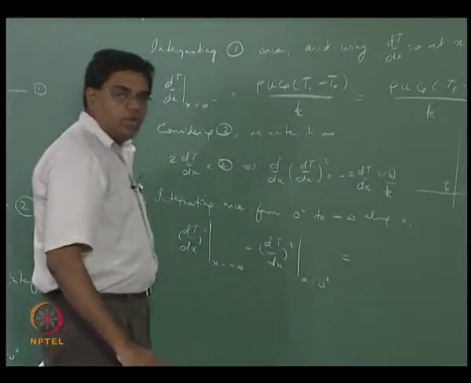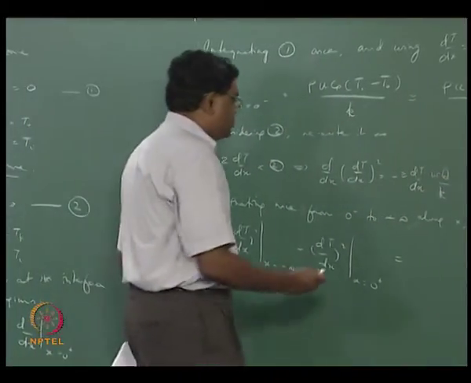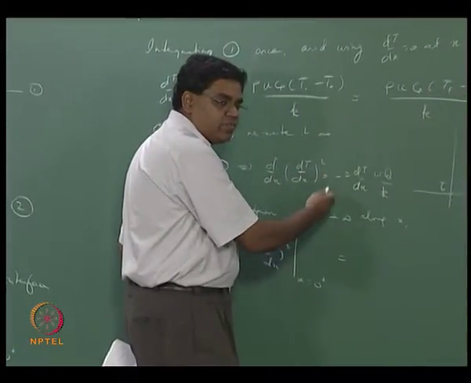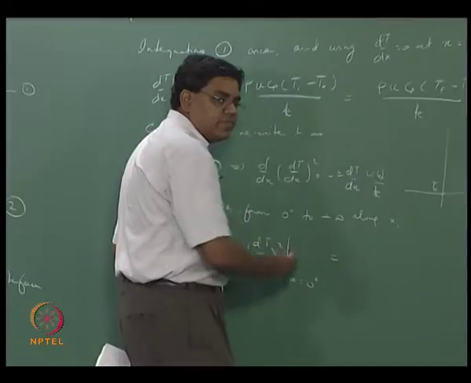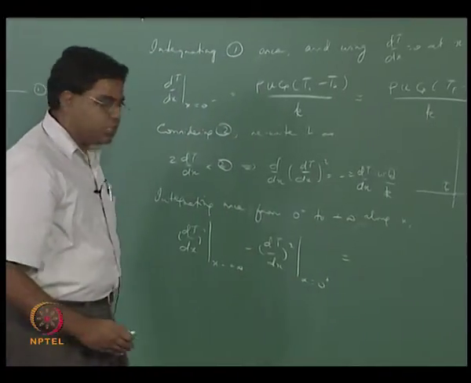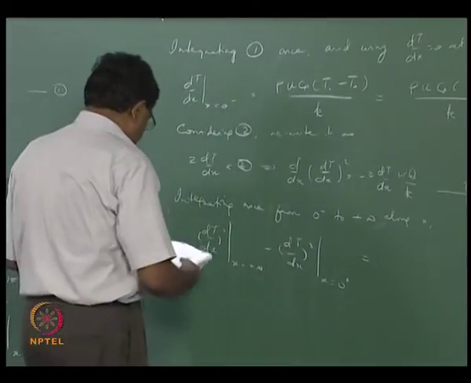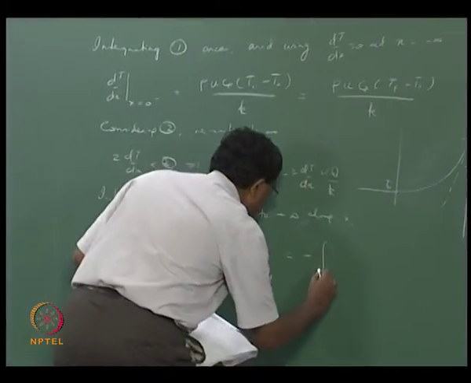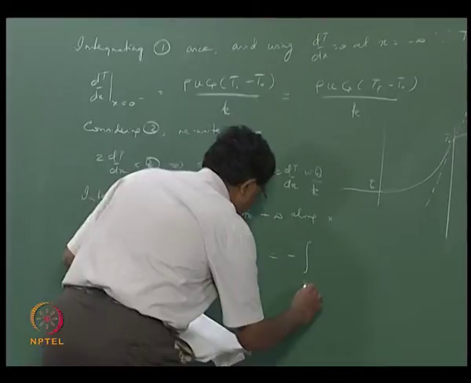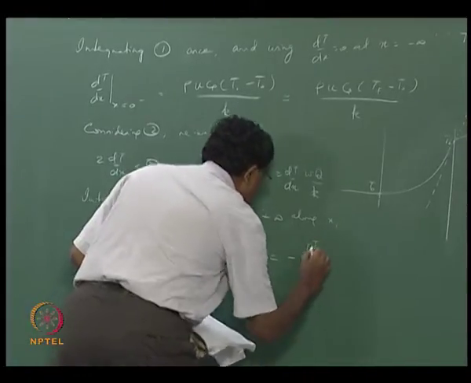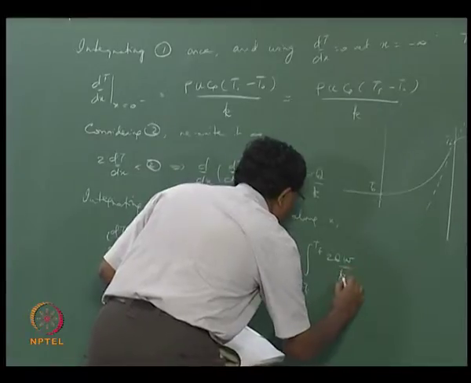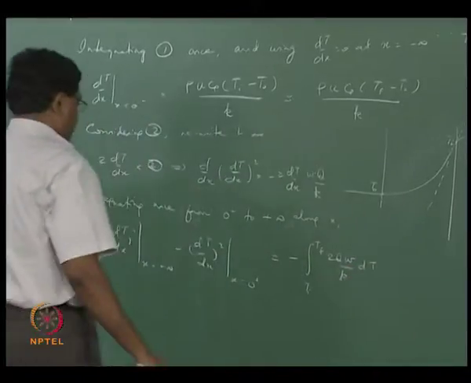Of course, you have to realize that the limits of the integral have to be substituted in terms of temperature instead of the x location value. Therefore we can write this as minus integral Ti to Tf of 2q w divided by k dt.